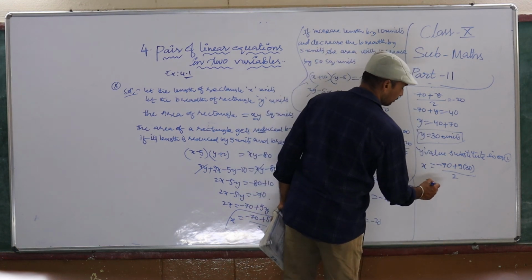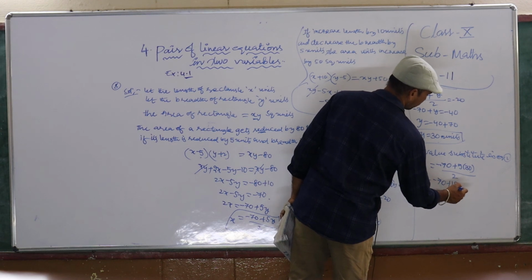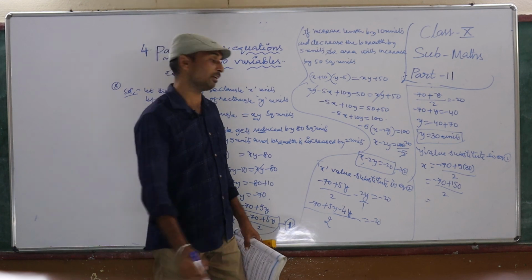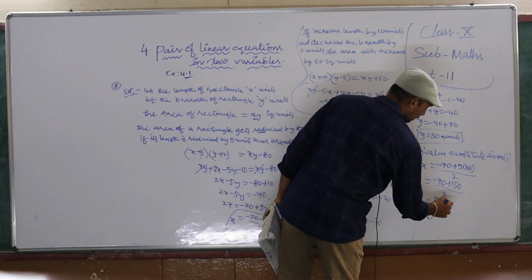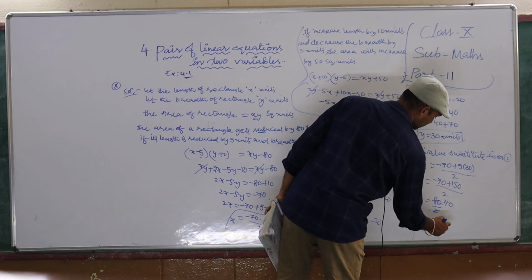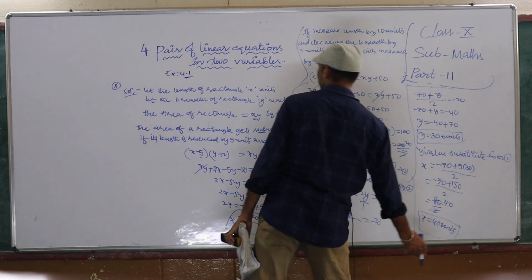Yes. Then minus 70, 5 30s are 150 by 2. So 150 minus 70, 80. 80 by 2, 2 40s are 80. So x is equal to 40 units.